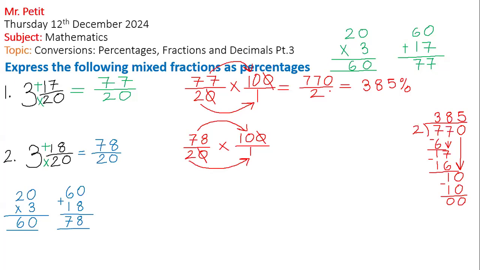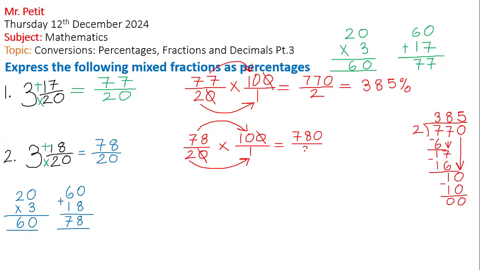And so what we have at this point is gonna be, what is 78 multiplied by 10? Anyone can answer. 780. 780 over what? Over 2. Very good.